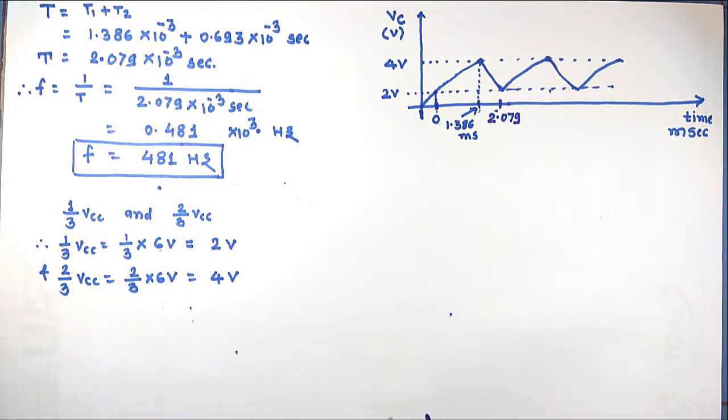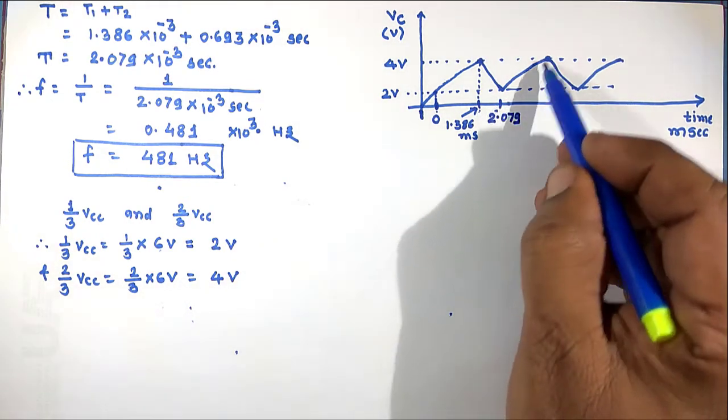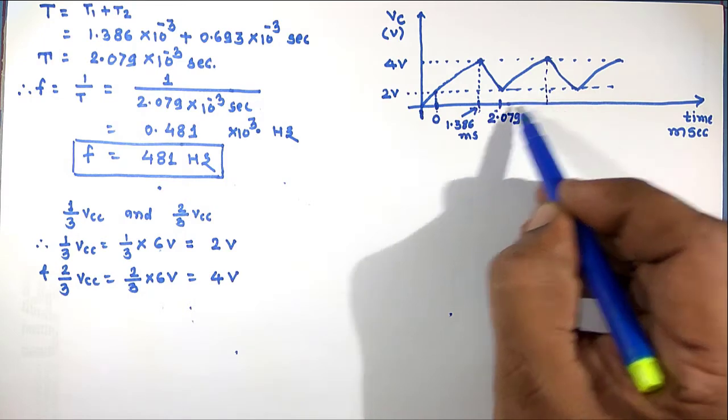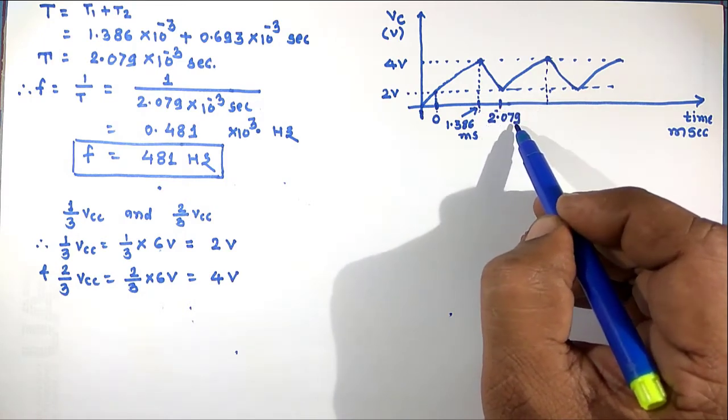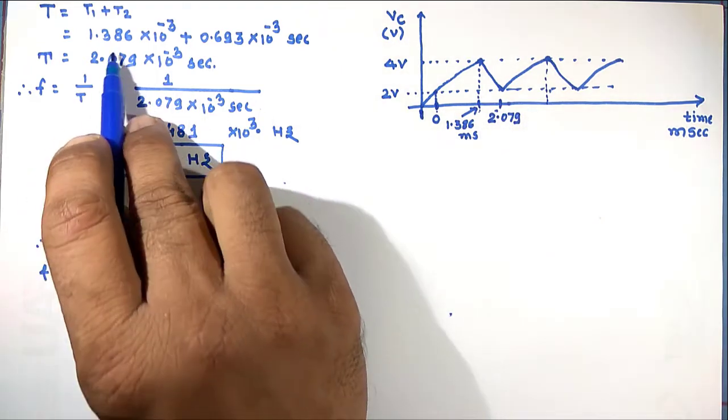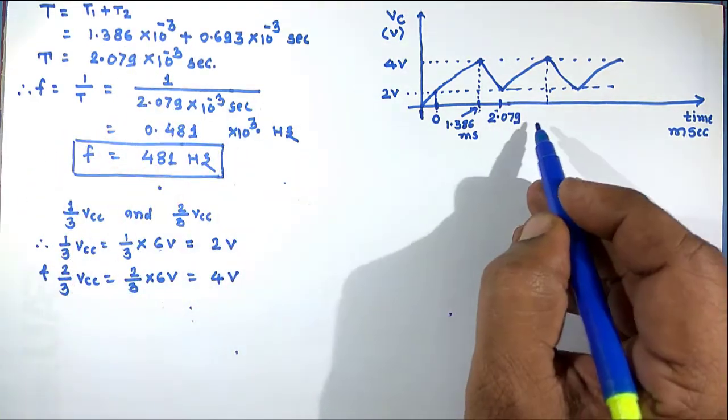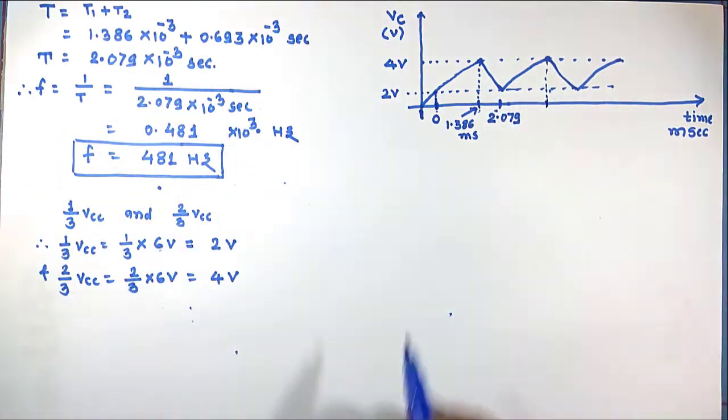Again, if we add 2.079 and 1.386, we will get this much time.